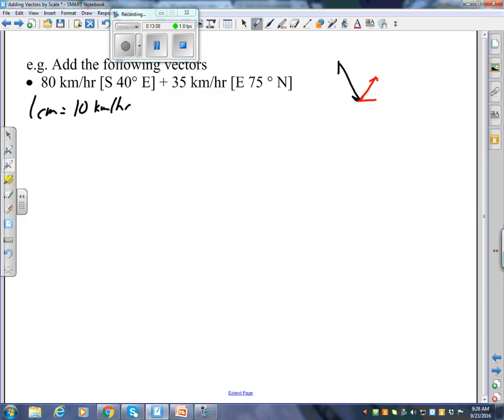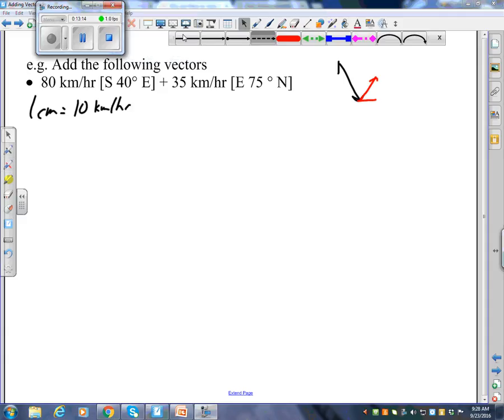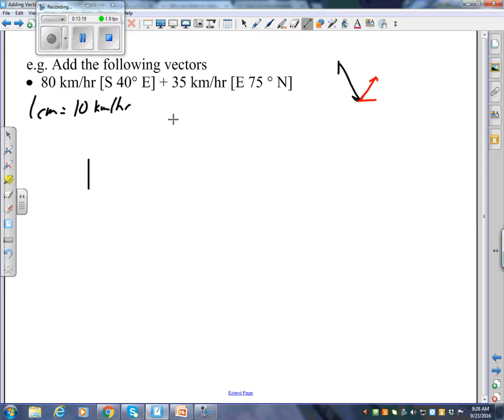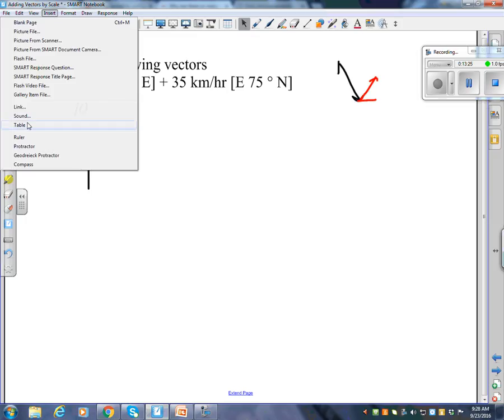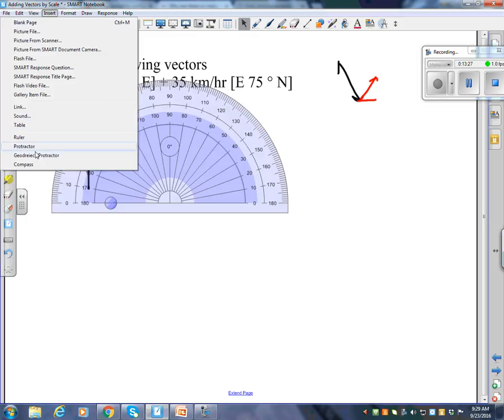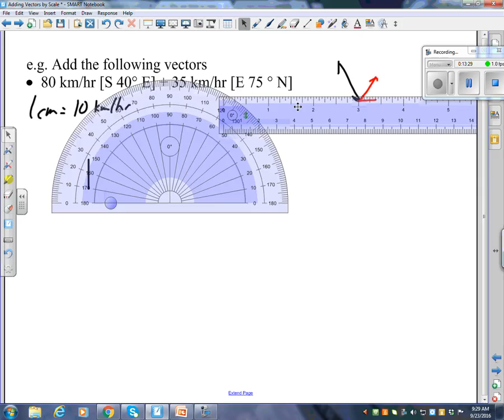So where should I start? I'm going to start in the top left. Draw a reference line. South 40 east. Draw a reference line for south. Doesn't have to be too big. South 40 east. Oh, I need my protractor. And I need a ruler. Okay. South 40 east.